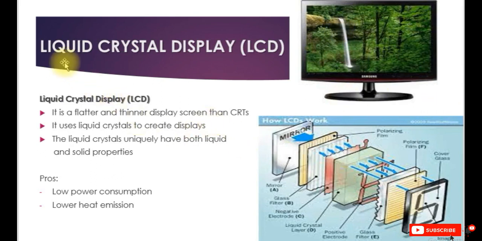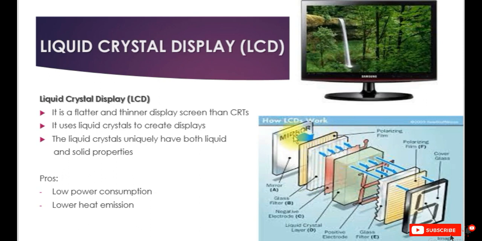In terms of how the images are produced and displayed on the screen, again, the technology would have been revolutionized here. So liquid crystals, which is this element here, play a very crucial role in the production of the image.